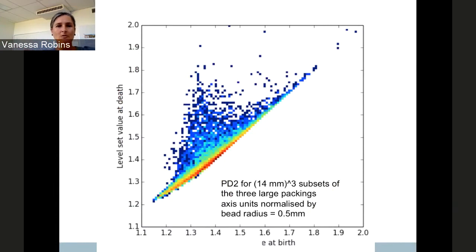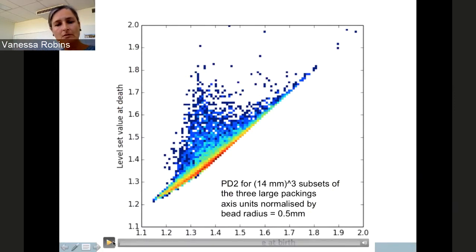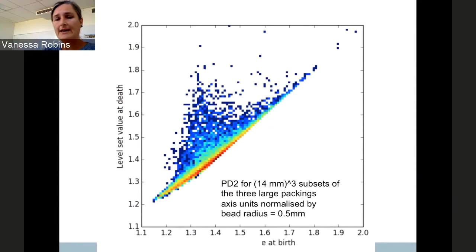Okay, so now I'm going to move into the way I use this data set as a nice case study for some statistical analysis. To do a statistical analysis of what's going on, we looked at a whole lot of subsets of our three experimental data sets, which have on the order of 100 to 200,000 beads.